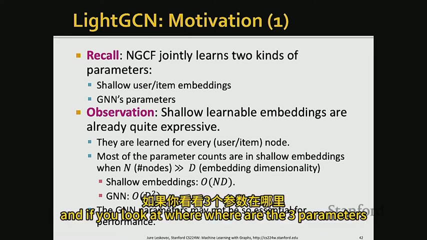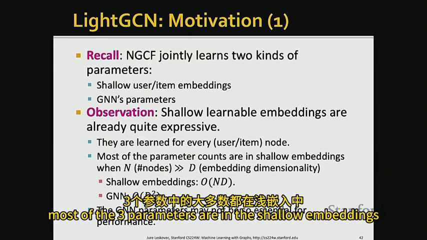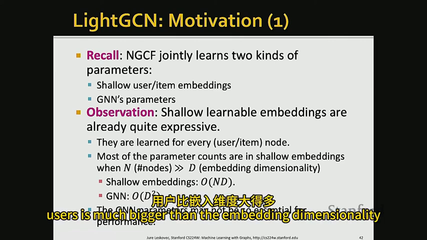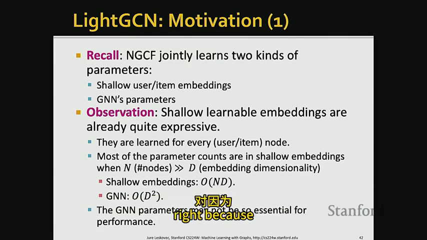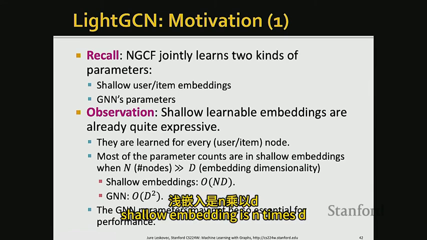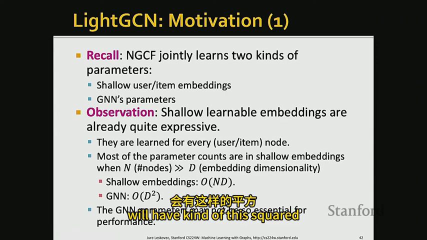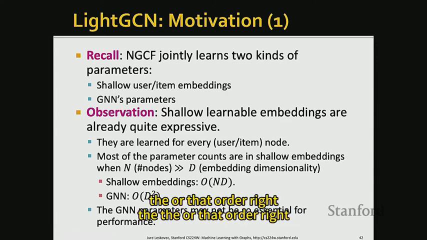And if you look at where the free parameters are, most of the free parameters are in the shallow embeddings, where the number of items, nodes, users is much bigger than the embedding dimensionality, right? Because the amount of parameters in the shallow embedding is n times d, and the GNN will have this squared number of parameters, or that order, right?